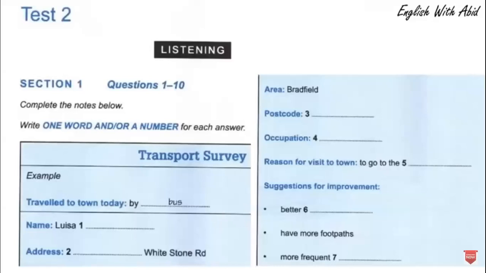Section 1. You will hear a man interviewing a woman in the street about her use of transport. First, you have some time to look at questions 1 to 5.